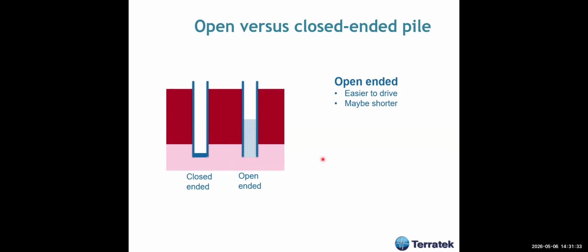This is very good usually for deep piles, let's say 20, 30 meters depth, and I've used that a lot. Also, offshore piles, which I designed many years ago, the very large diameter piles, we don't close the end as well. They are always driven open-ended.